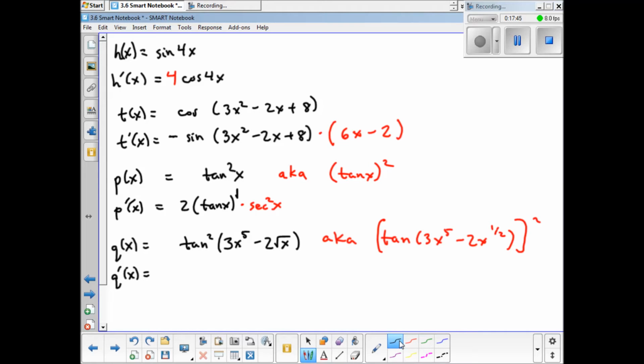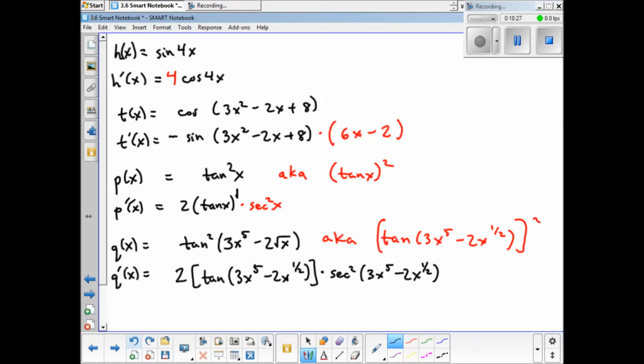Okay, so the first thing we have to understand is that it's something with a power 2 on it. So we're going to bring the 2 down. The inside part, the tan, and the expression within the tangent is now to the first power. I'll erase it, because I don't want you to think it's a derivative symbol, a prime. Times, and now the derivative of tangent, which is secant squared. So we have secant squared of 3x to the 5th minus 2x to the half.